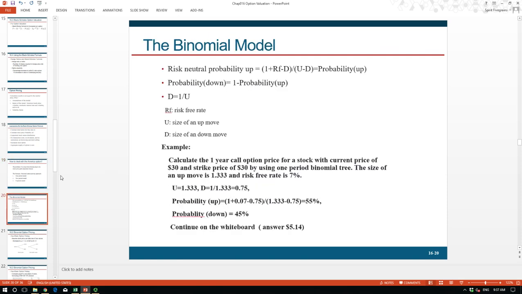Let's use an example. Let's say current stock price is $30, strike price is $30. Let's use a 1-period binomial tree approach to demonstrate how we get option price. Let's say there's a chance that stock price may go up or go down.